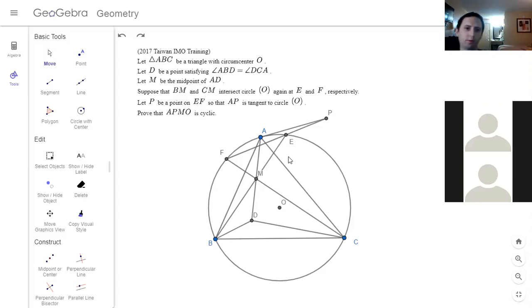So I want to use that the circumcircles of ADB and ADC are the same size. I'm not sure exactly how to use that. Maybe we could draw the centers of those circles. So yeah, I'm going to try that.